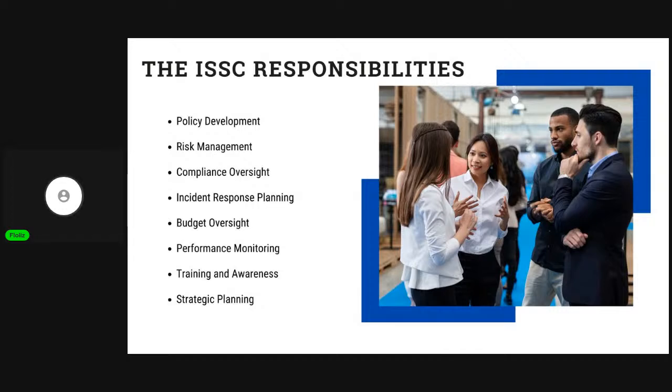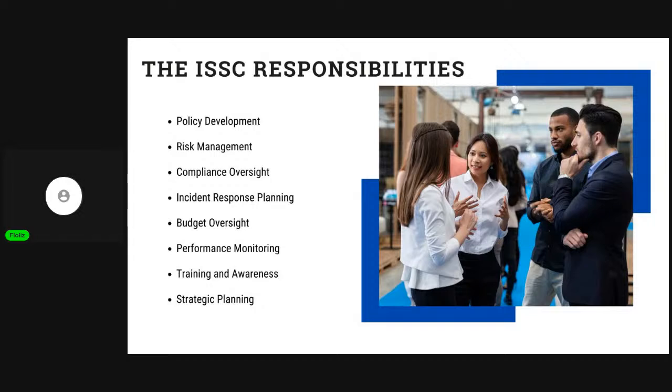Take, for instance, an institution has nominated members of the committee. So what will be their responsibilities? First of all, they are to develop and review the information security policies of the organization. The consultant can draft policies, but it's the Information Security Steering Committee that will look at this policy and see if it is applicable to the institution and what will be the challenges implementing this policy.